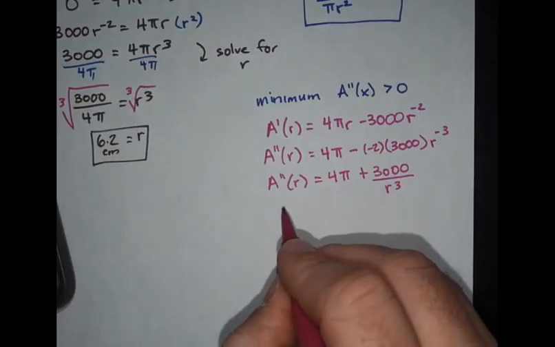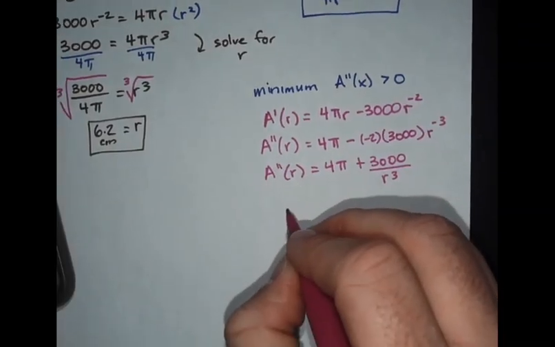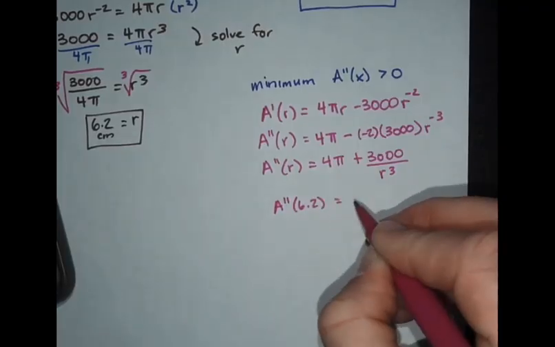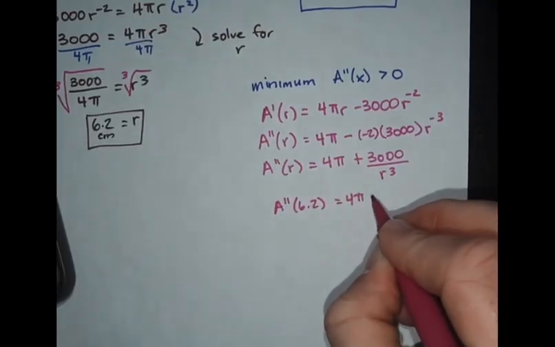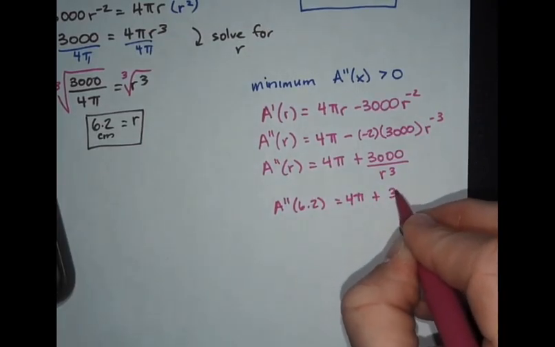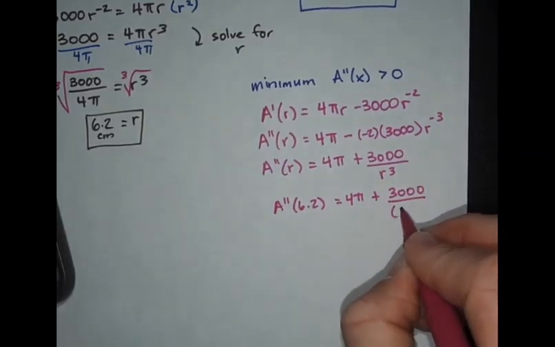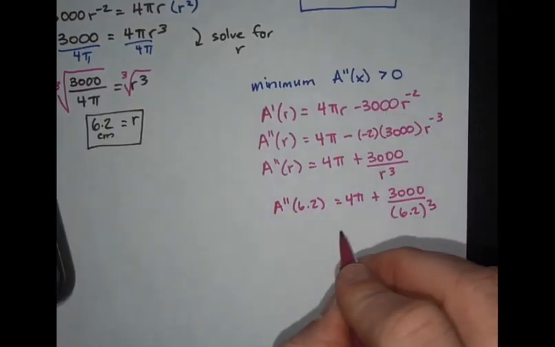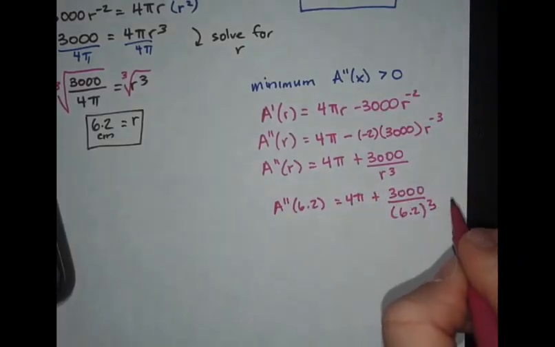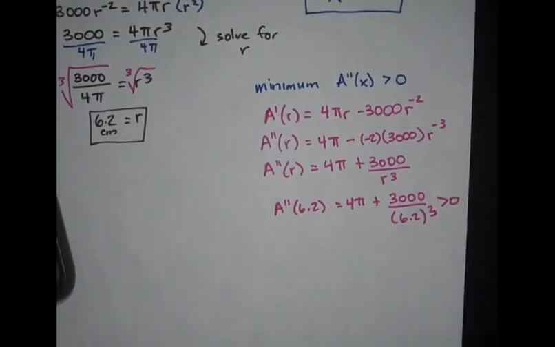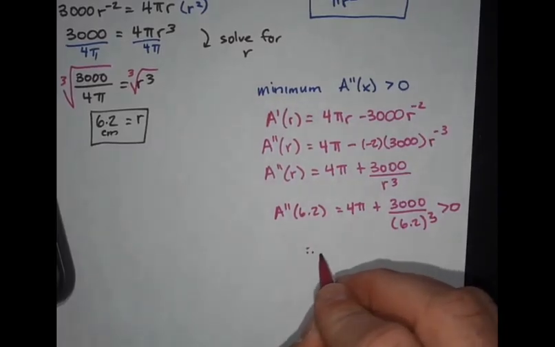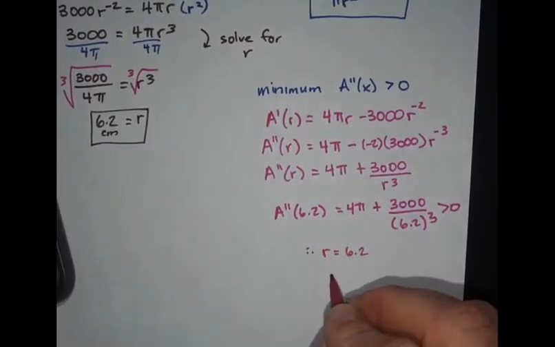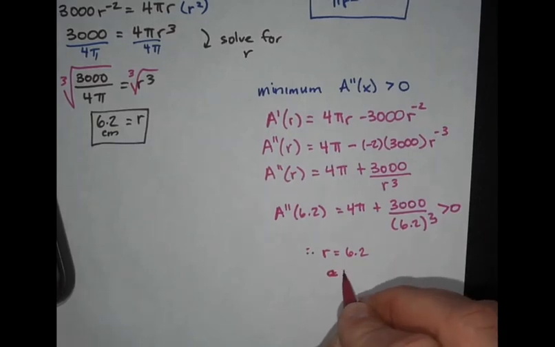Now we're just going to put our r in that to check. Well, guess what happens? This is definitely greater than 0. All right, so therefore, our critical point of r equals 6.2 is a minimum.